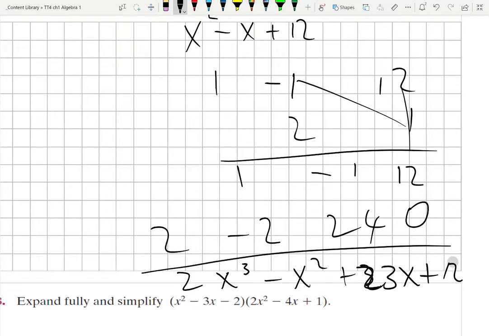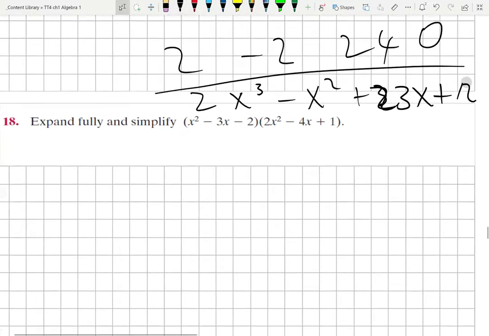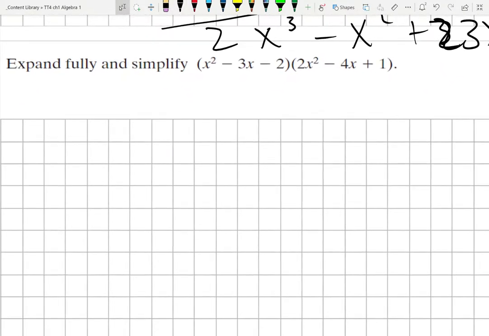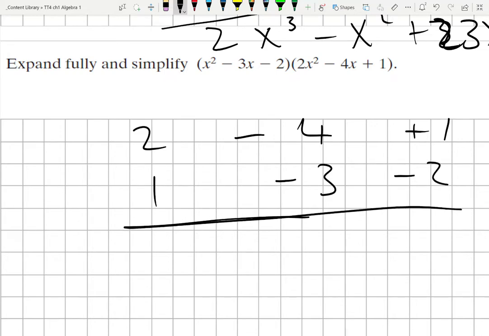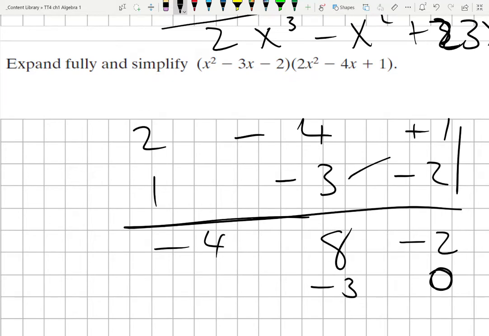Now we're going to have great fun on this one because we have a quadratic by a quadratic, which is on the course, so that's good. Not a difficulty for us using place value. Quite a lot to keep track of otherwise. Minus 2, 8, and minus 4. Down your 0, negative 3, 12, negative 6.